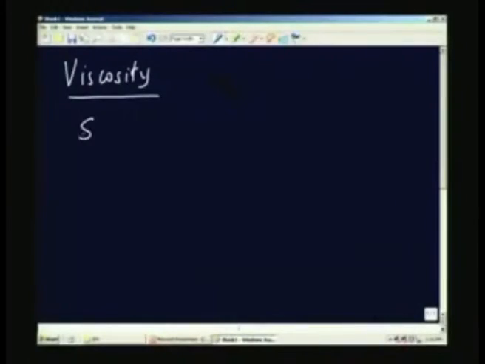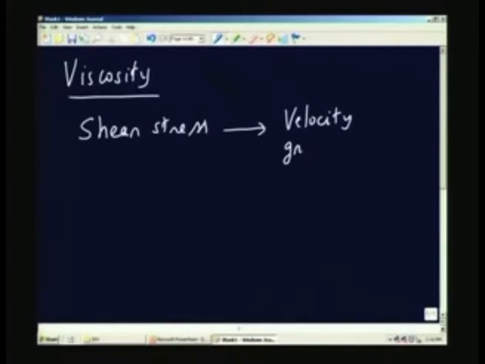So shear stress is the result, and the shear stress is due to a velocity gradient. And the thing to notice is that the velocity gradient and the shear stress are in perpendicular direction.